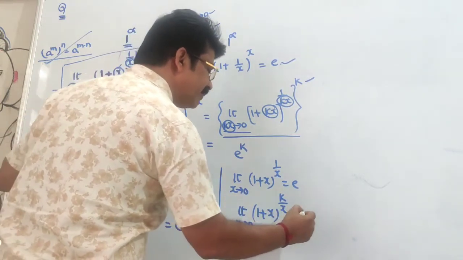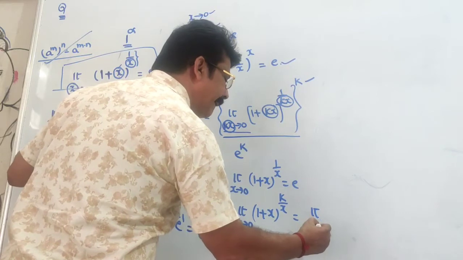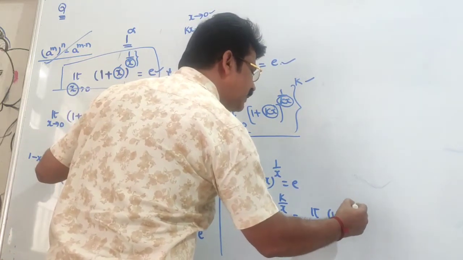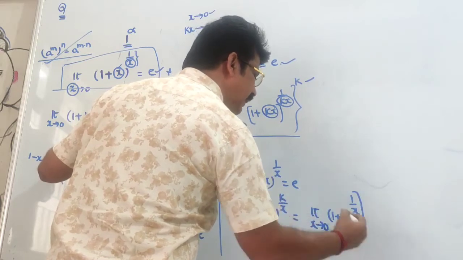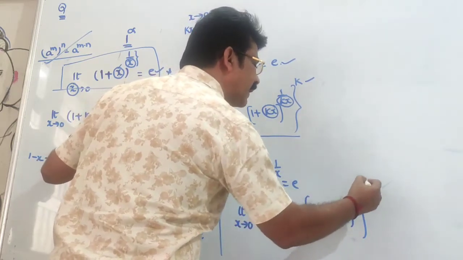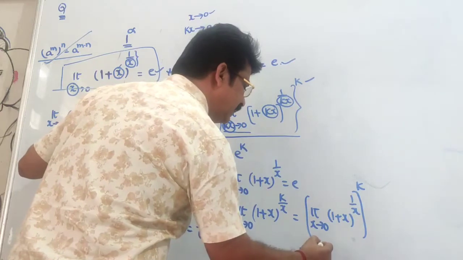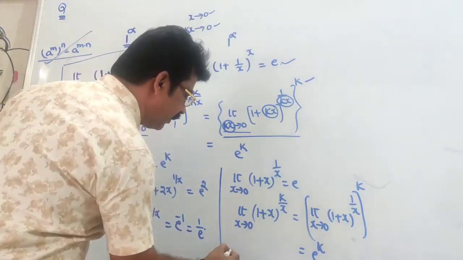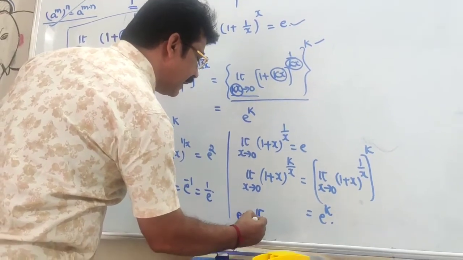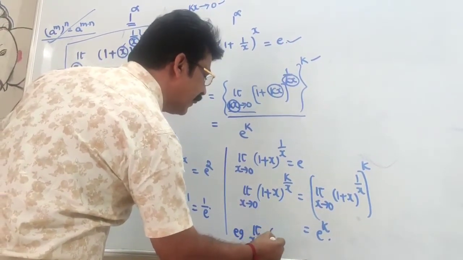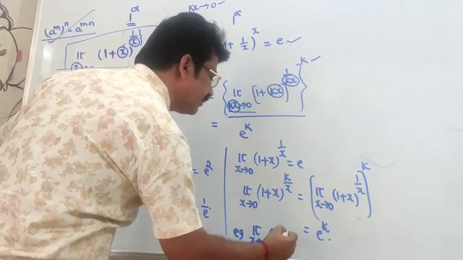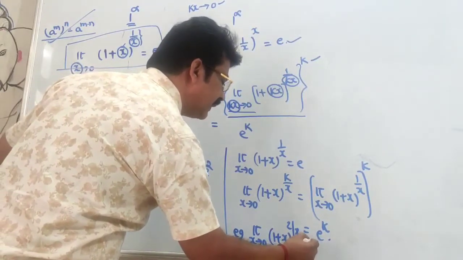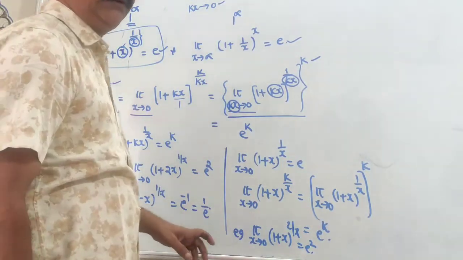It can be written as limit x tends to 0, (1 + x) whole to the power of 1 by x, whole to the power of k. So that is equal to e power k. Example, limit x tends to 0, (1 + x) whole to the power of 2 by x equals e square.